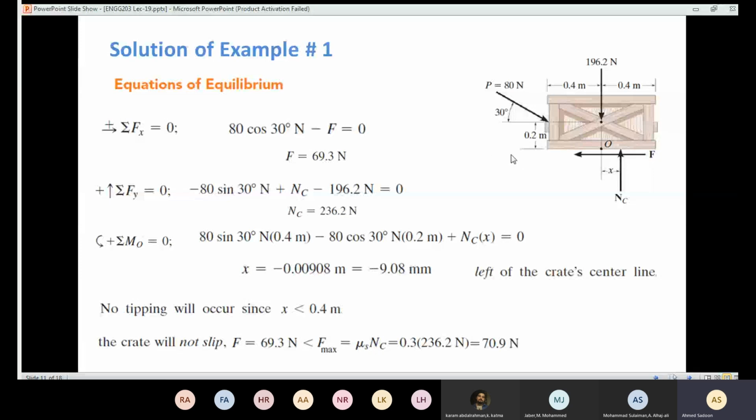So here in this example, we are not going to have sliding or tipping. It means that the box is going to be in equilibrium, even though we apply that force. So the answer to that question: the box is going to remain in equilibrium. No movement is going to take place in this example.